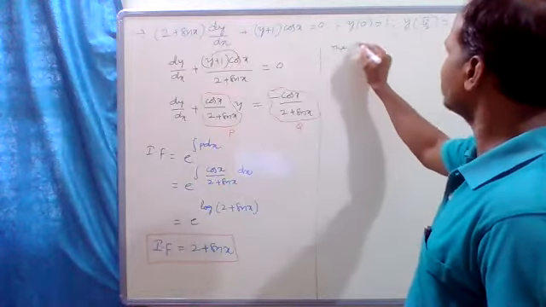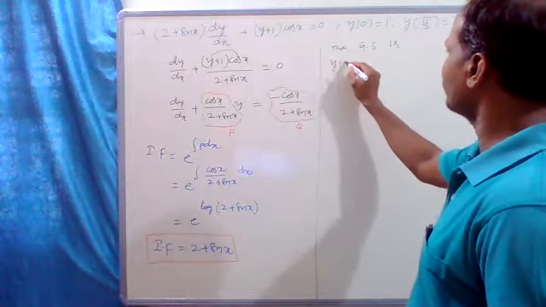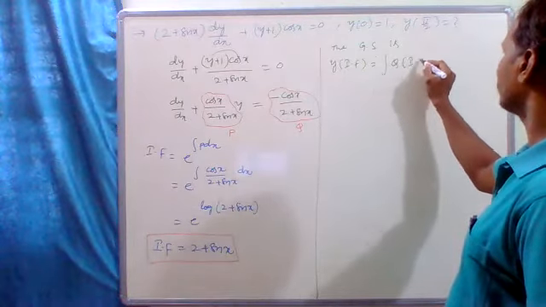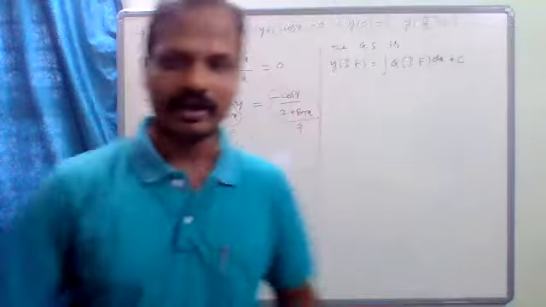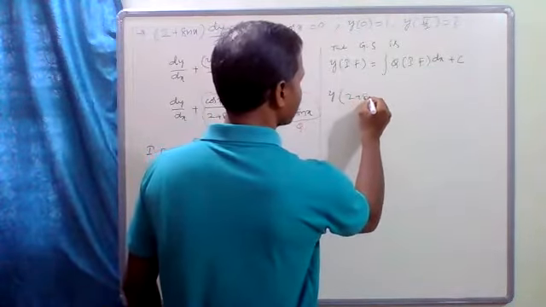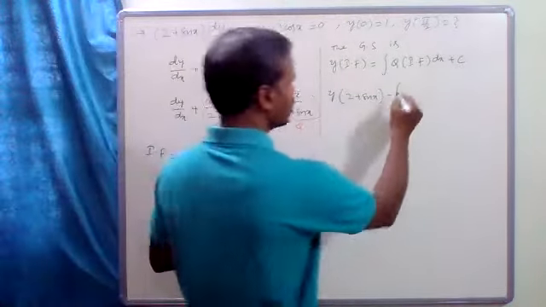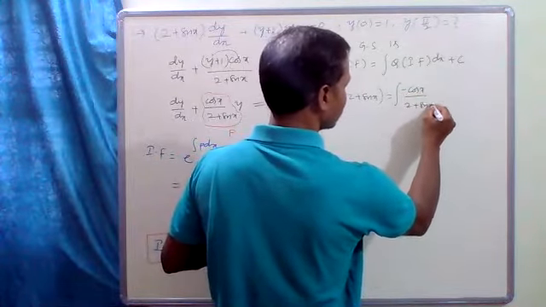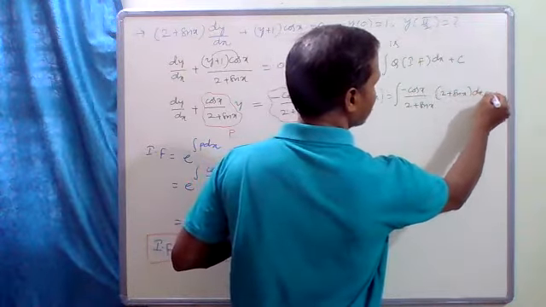Now the general solution is y into IF equals integral q into IF dx plus c. So y into 2 plus sin x equals integral of q, which is minus cos x by 2 plus sin x, into 2 plus sin x dx plus c.